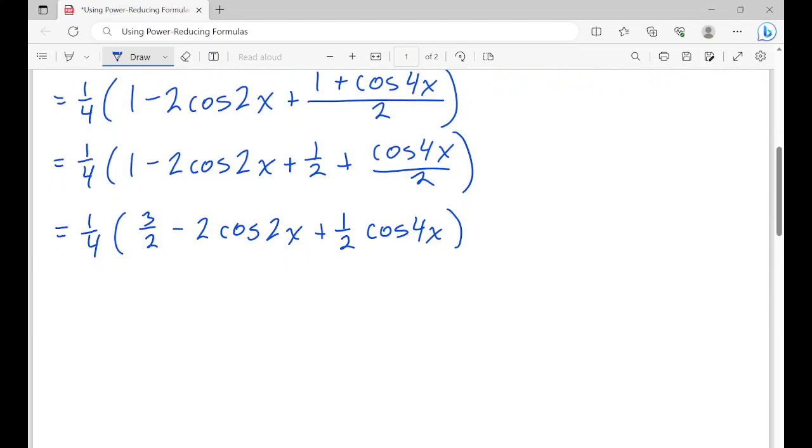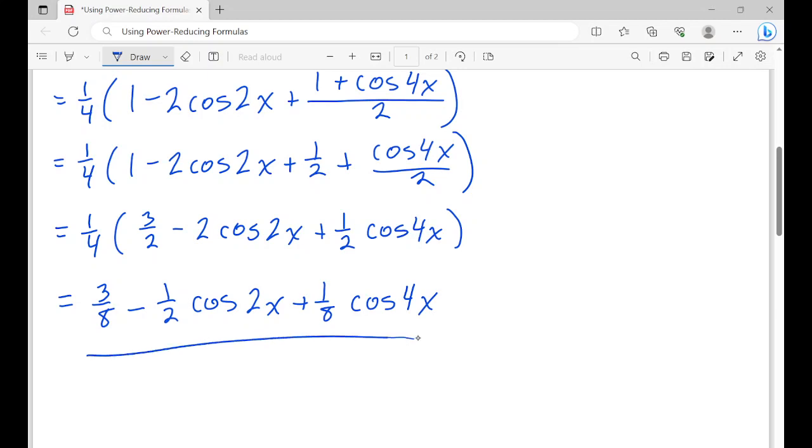And then if I want, I'm going to distribute this 1/4 to all the coefficients on the inside. So when I do that, I'm going to end up with 3/8 minus 1/2 cosine 2x plus 1/8 cosine 4x.